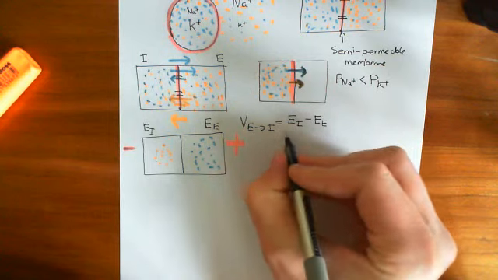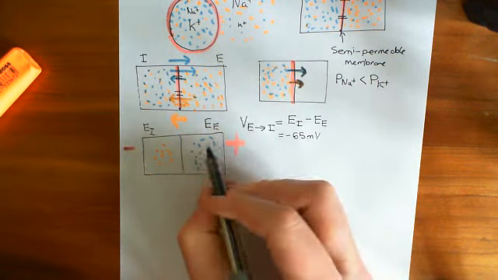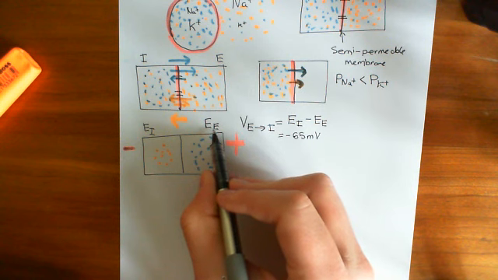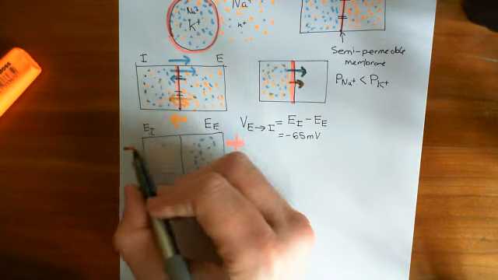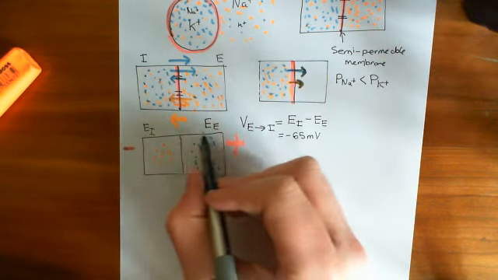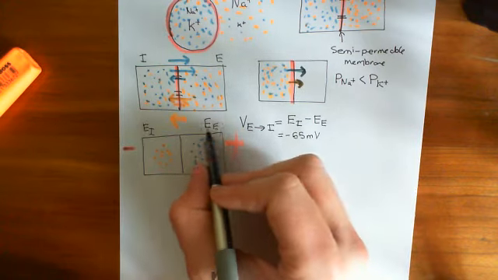So that's why we usually say that the resting membrane potential is negative 65 millivolts, because we're asking how much bigger is this one than this one. But of course this one's negative, so you end up with a negative difference, i.e. this one is negative 65 millivolts of the extracellular one.